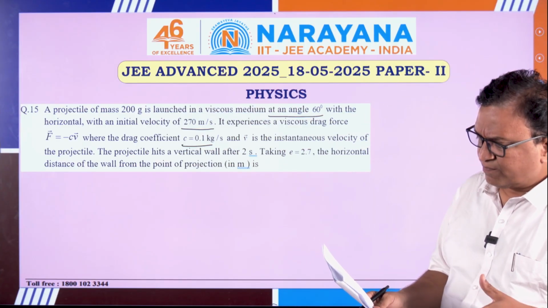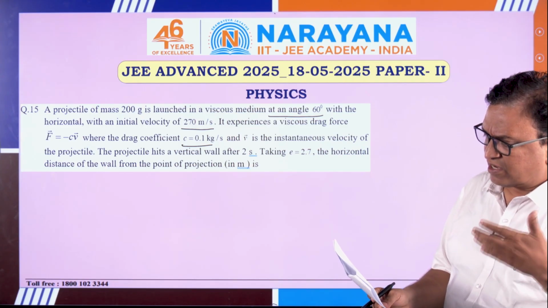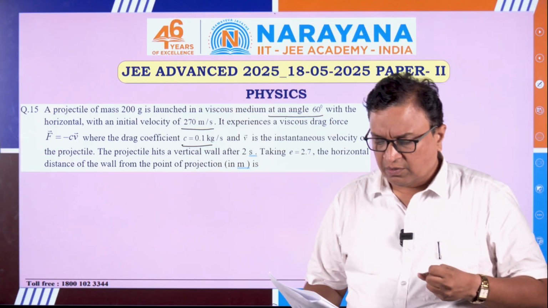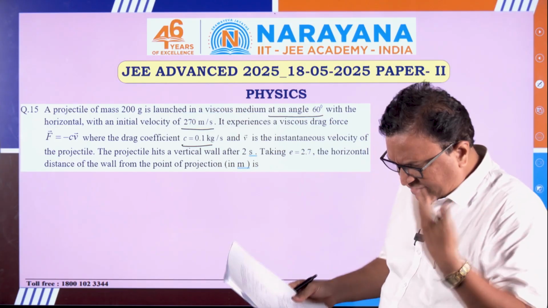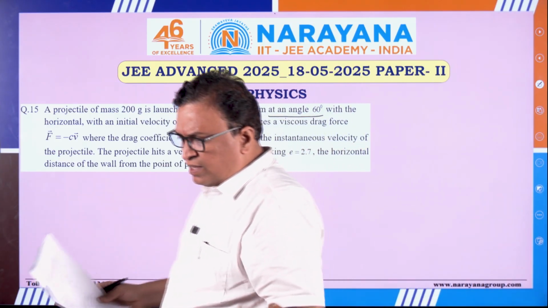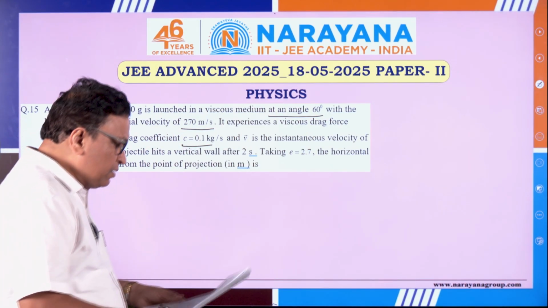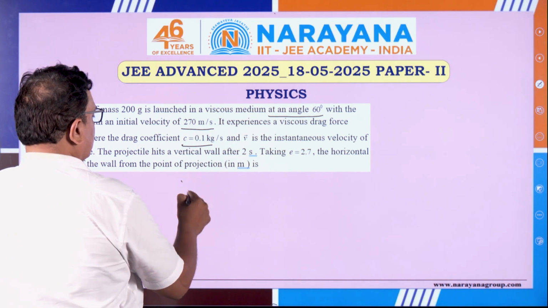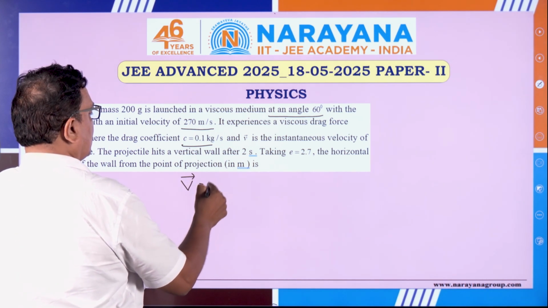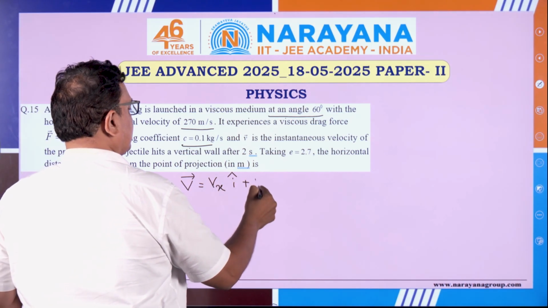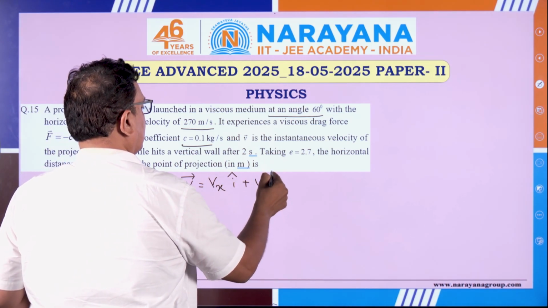What they want is the horizontal distance of the wall from the point of projection. At an instant, V bar refers to V bar is equal to Vx i cap plus Vy j cap.